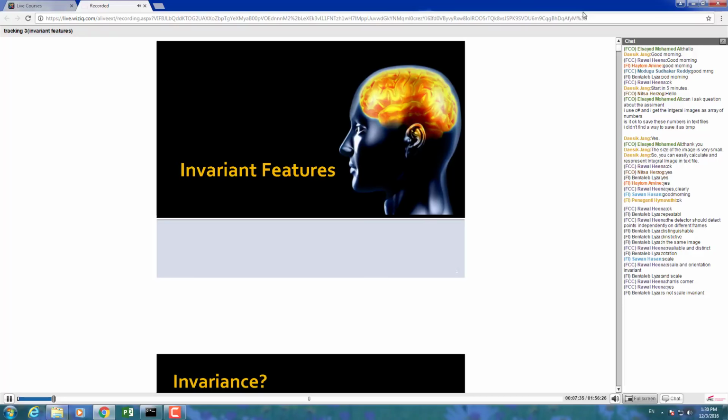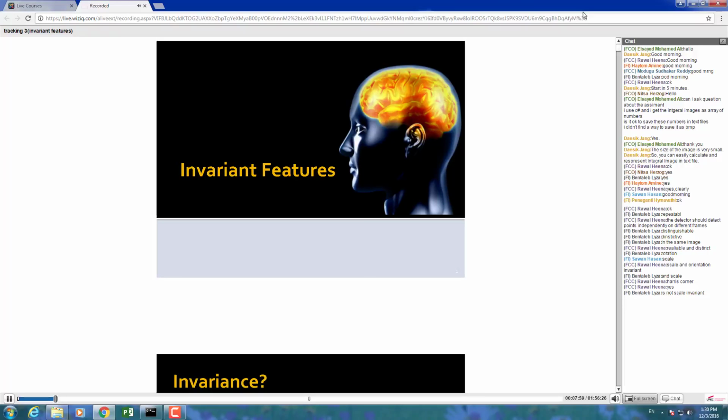When the feature is not scale invariant, strictly speaking, we do not call it invariant, even Harris corner. So generally when we say invariant, it includes scale invariance.